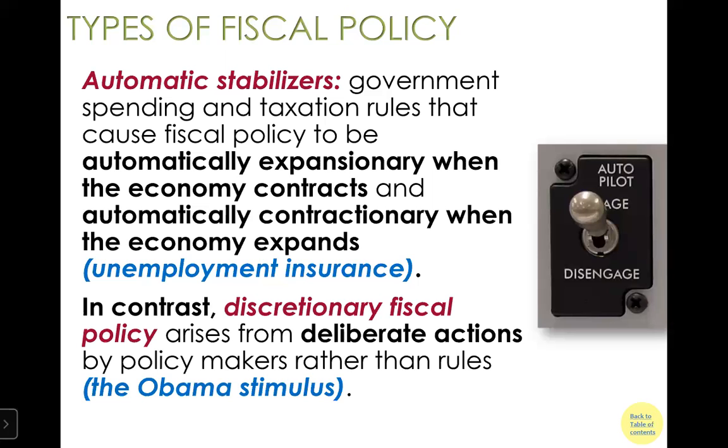On the other hand, if we are in an expansion, the unemployment rate will drop, and there are fewer people qualified for unemployment insurance. So this unemployment insurance program will put some pressure on aggregate demand, because fewer people qualify for unemployment insurance.